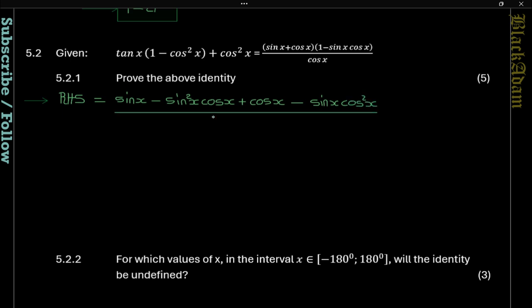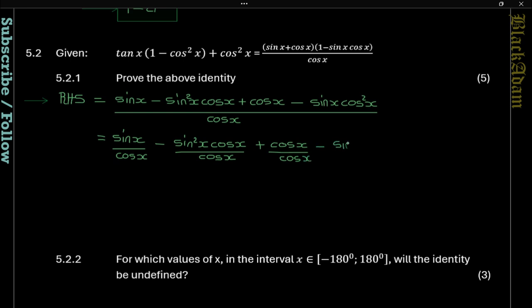All of that over cos x. So we take all the terms above there and make them over the denominator. So sine x over cos x, minus sine squared x cos x all over cos x, plus cos x over cos x, and then minus sine x cos squared x over cos x.